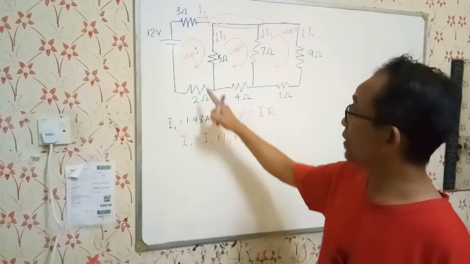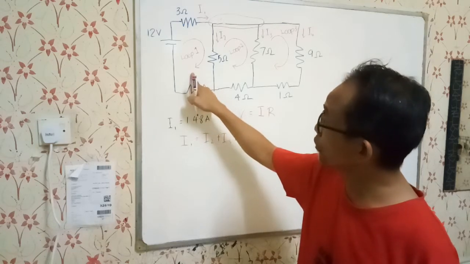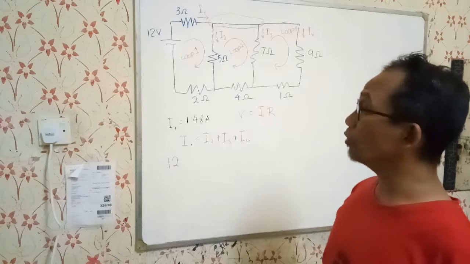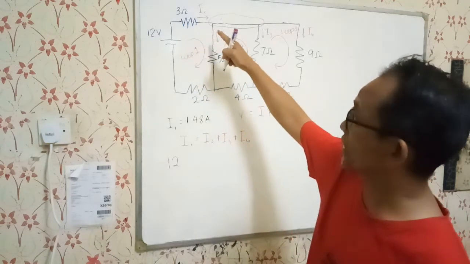So we can establish the equation for loop 1. It should start with the battery, 12 volt, and then as it passes through the resistors.